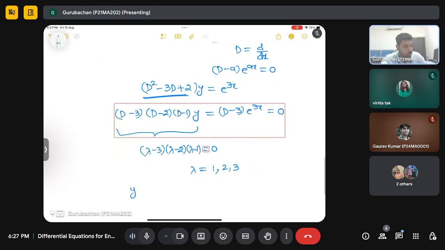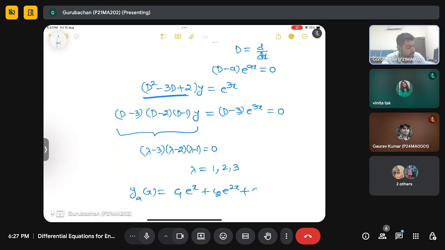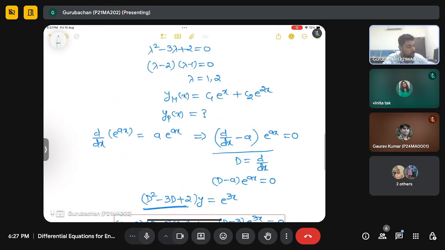Now what will be our solution in this particular case? It will be C1 e to the power x plus C2 e to the power 2x plus C3 e to the power 3x. Observe that from the homogeneous part solution, we already have e^x and e^(2x), but we don't have e^(3x).